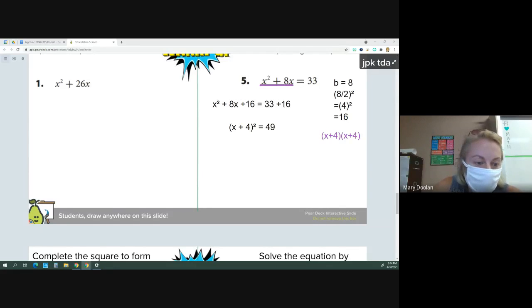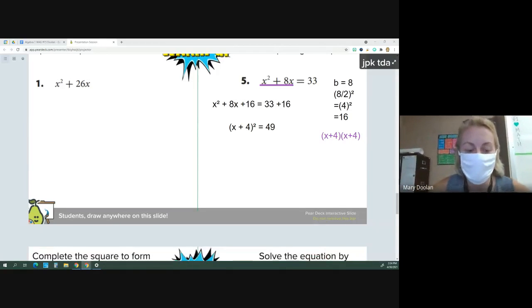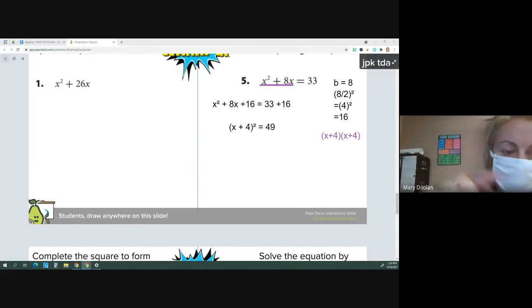And if you're just checking to see if this is true, you would just FOIL it to see that it does work. So your first terms, x and x, give you x squared.